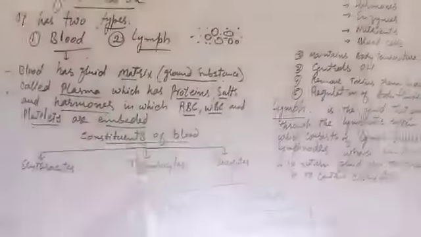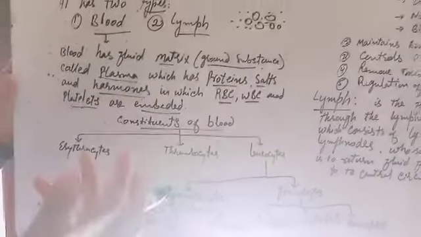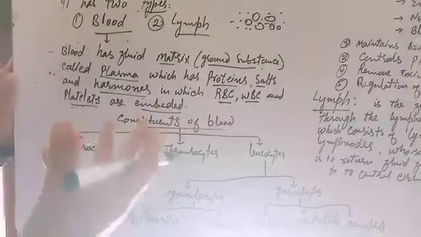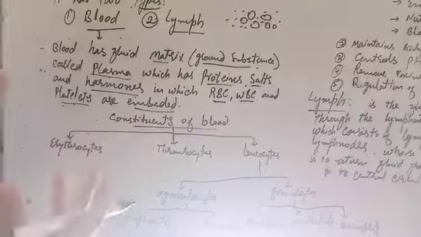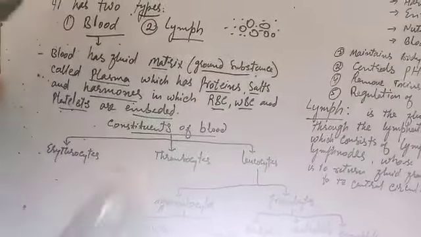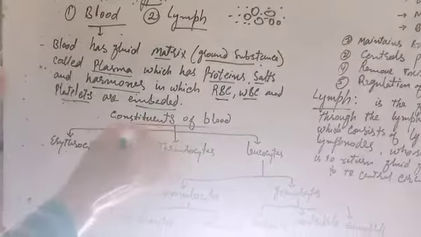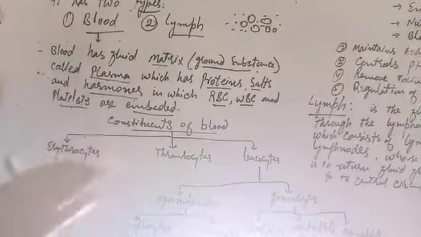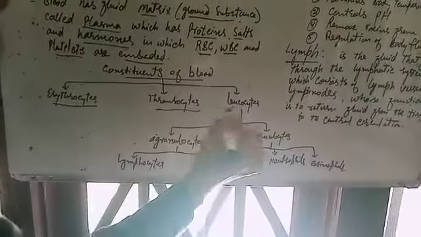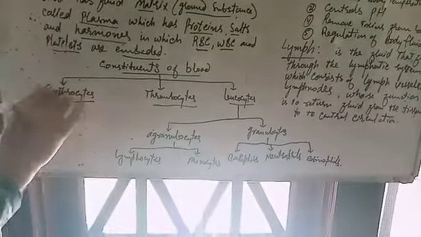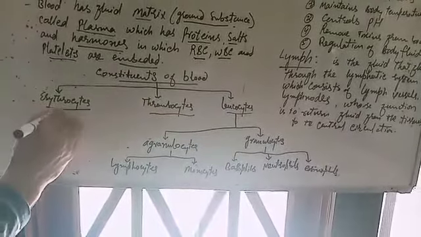Now, the constituents of blood. Inside our blood, how many types of cells are present? These are known as constituents. The constituents of blood are erythrocytes, thrombocytes, and leukocytes. Erythrocytes is the other name for RBCs.